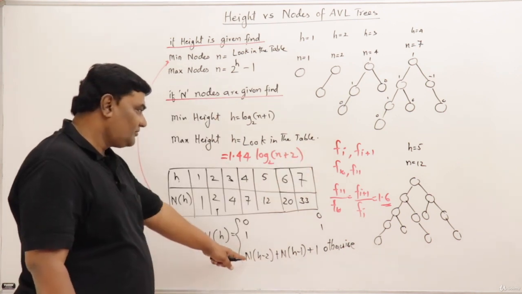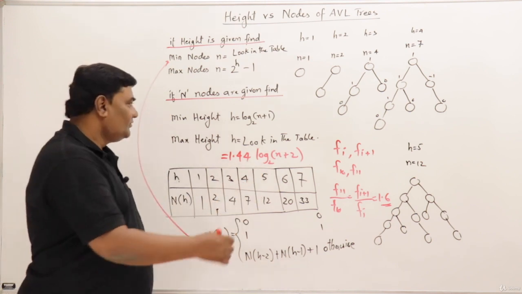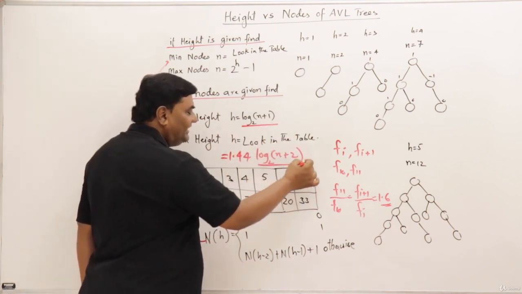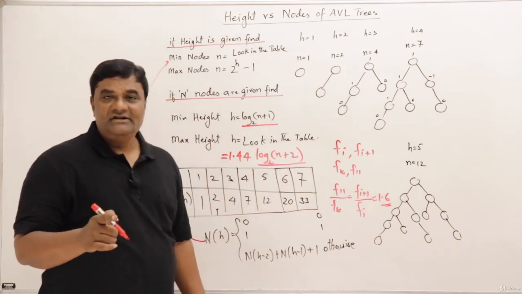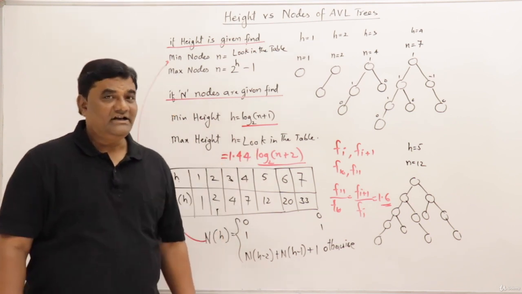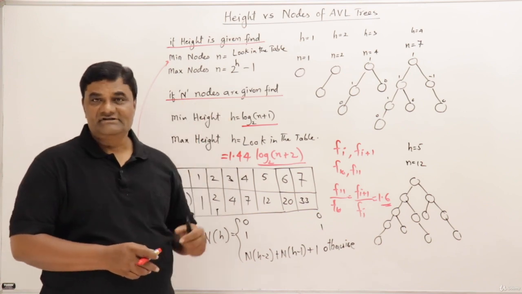If you use this formula and convert it in terms of log n, we get this answer. So minimum height is also logarithmic, maximum height is also a multiple of logarithmic, but logarithmic only. So the AVL tree's height is always in terms of log. That's it. This is enough with the analysis of height versus nodes.